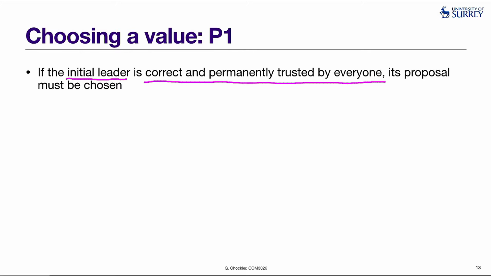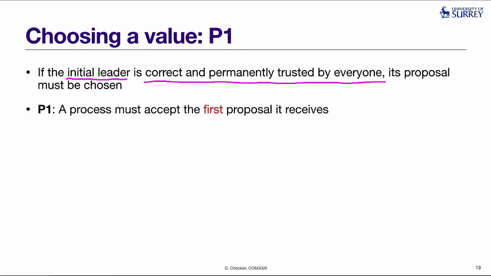Okay, so this is because this is the leader. Okay, so there won't be any other leader later on in the system, and this leader is going to propose and go away, right? So the system must ensure that this leader is successful. The algorithm must ensure that this is the case, and for that reason we have this constraint P1.